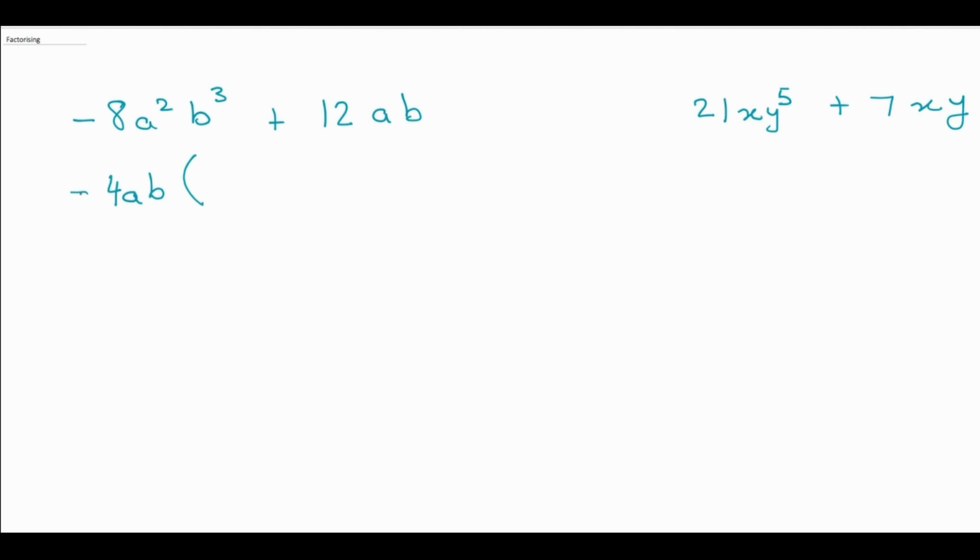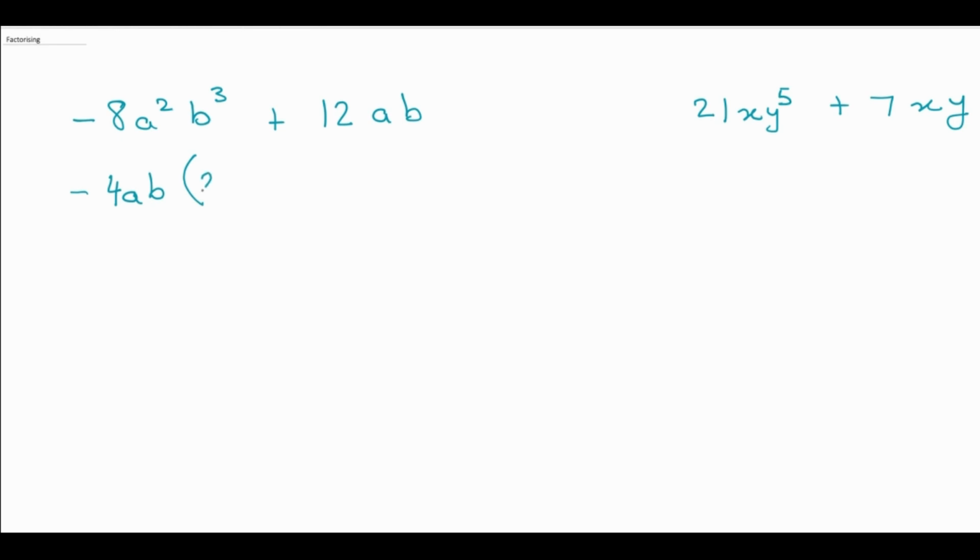To do this, we need to know minus 4ab times what will give us minus 8a squared b to the power of 3. To do this, let's do minus times what will give us a minus. We know a minus times a positive will give us a minus. So I don't need to put in any signs over here. 4 times what will give us 8.